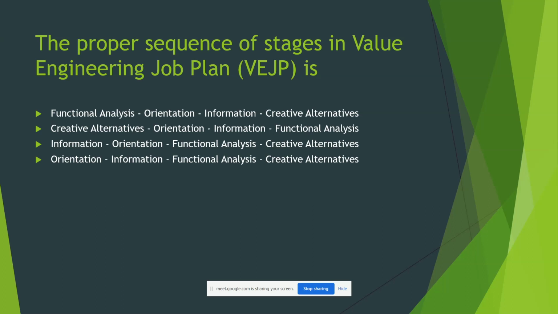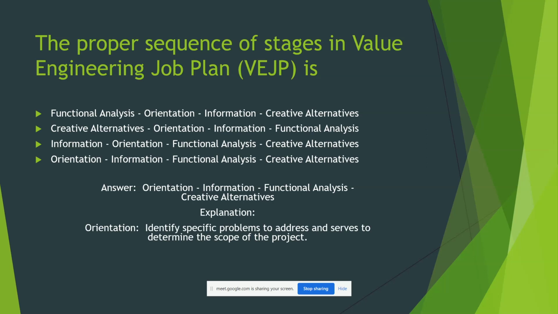The proper sequence of stages in the value engineering job plan is: orientation, then information, then functional analysis, and then creative alternatives.